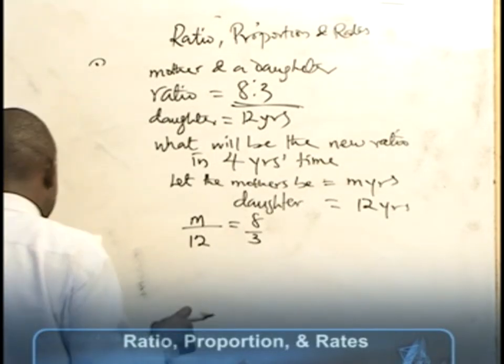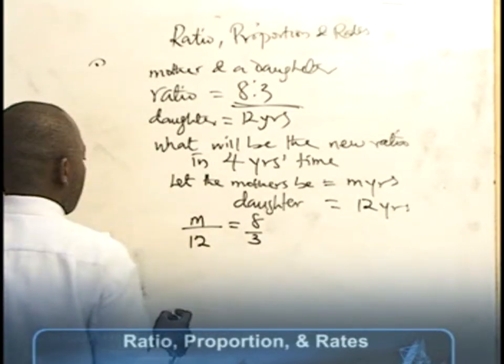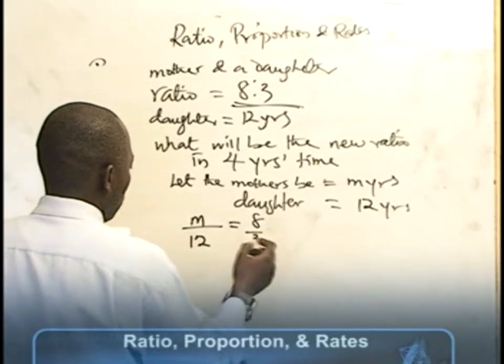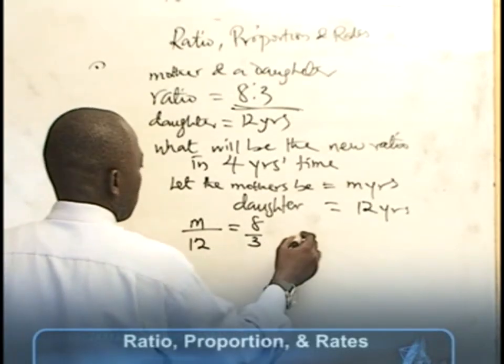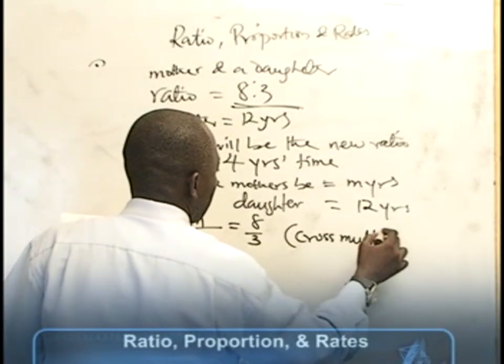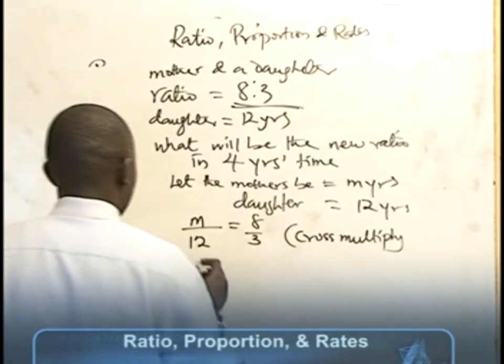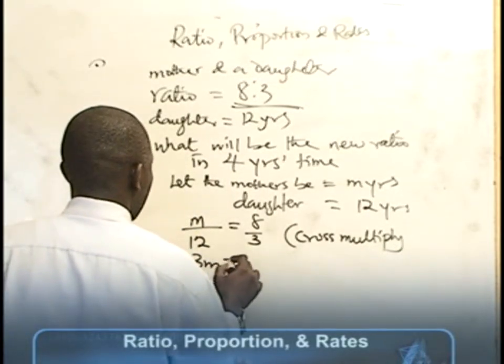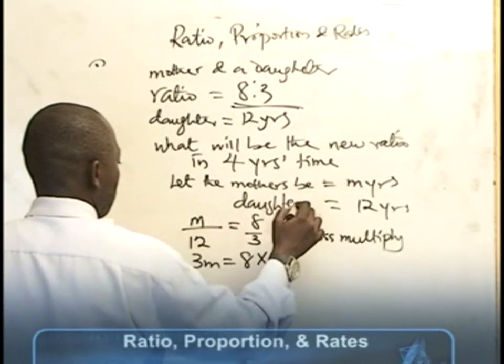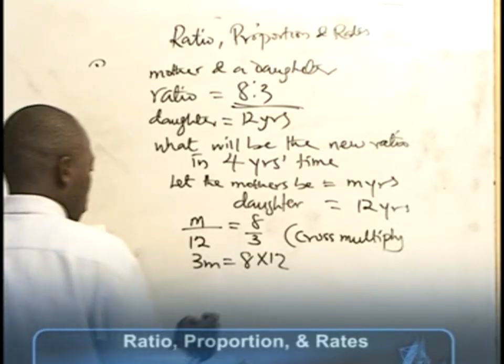Then you can get the value of M, which is the age of the mother. If you cross multiply, you have 3m equals 8 times 12. 3 goes this way, 12 goes this way. That's the meaning of cross multiplication.